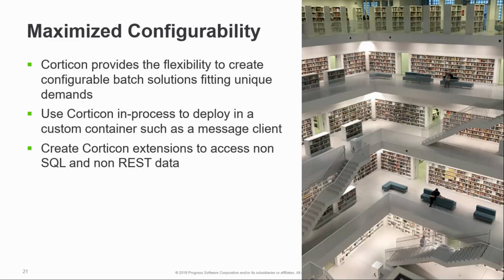Those are just thin layers, a REST layer or SOAP layer, around the core server. If you have cases where latency is critical, or you're just trying to get Corticon closer to the data, you can put it in process, and we have plenty of customers that do that. And we're going to give you an example of a customer that's built a very customized, highly configured solution for doing batch processing by taking advantage of that.